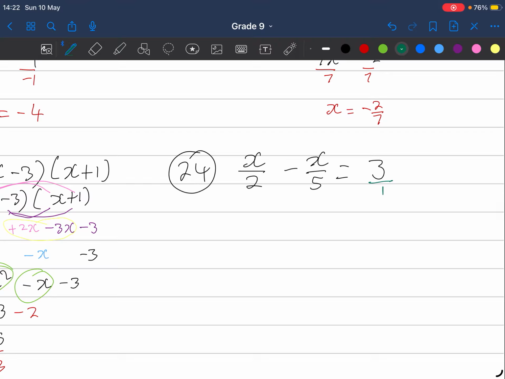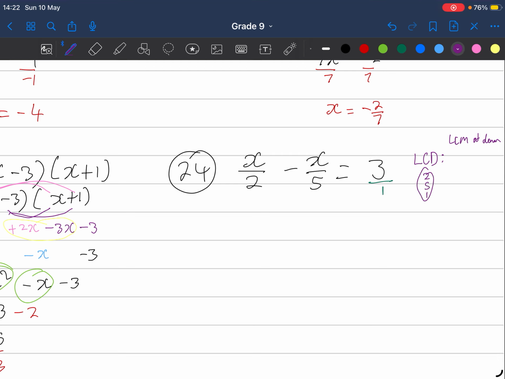Now that we have all our fractions, we're going to look for something called the lowest common denominator, the LCD. LCD is basically the LCM of your denominators. So what are our denominators? Well, our denominators in this case are 2, 5, and 1.